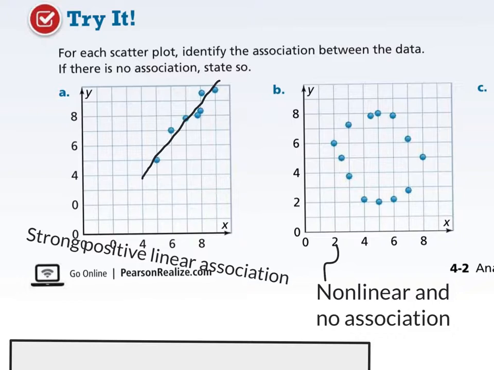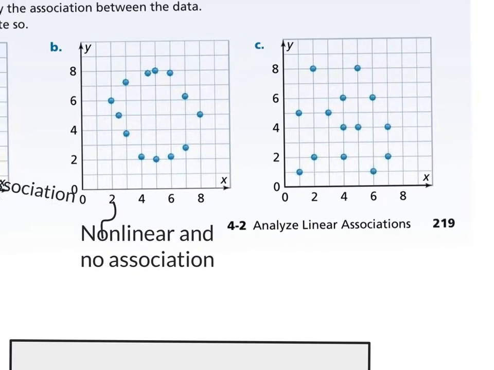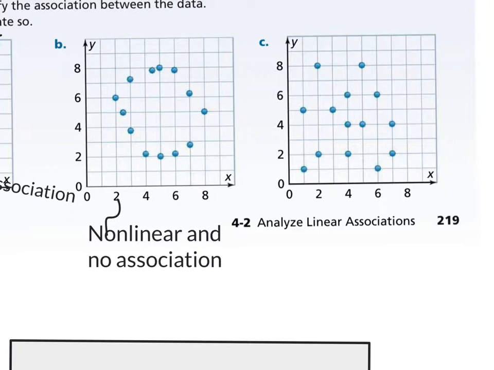We only say strong or weak if it's a positive or negative relationship. And if we look at our last graph here, it actually has the same answer as the second graph. It's going to be nonlinear and no association. When you do these, if it is no association, it's always going to be nonlinear. So those two go together.